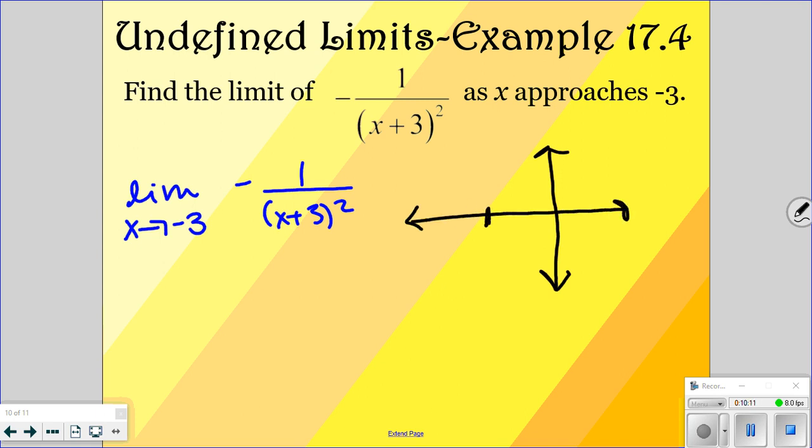So we're going to put -3 right here. And it is going to have an asymptote at -3. And then the graph of it is going to look like that.